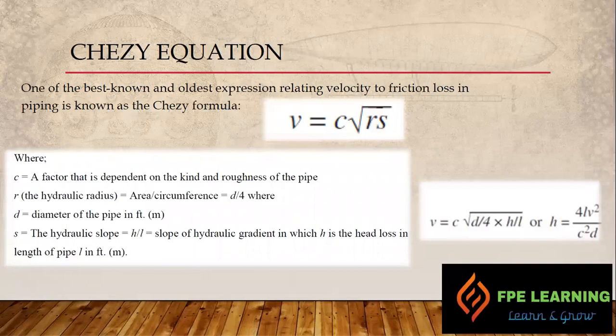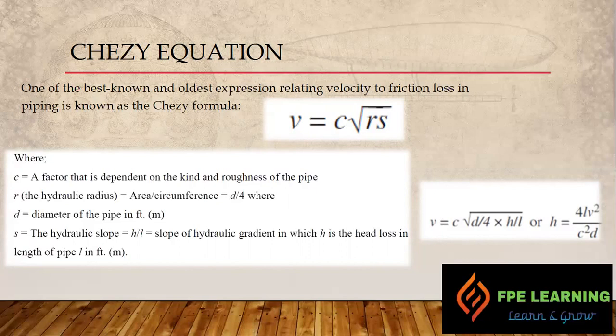The first one, we have the Chezy equation, one of the best and oldest expressions that relates velocity to friction loss in piping. The formula is velocity equals C under root R into S, where C is a factor that depends on the kind and roughness of the pipe. R is the hydraulic radius, or we can say area over circumference, D by 4.